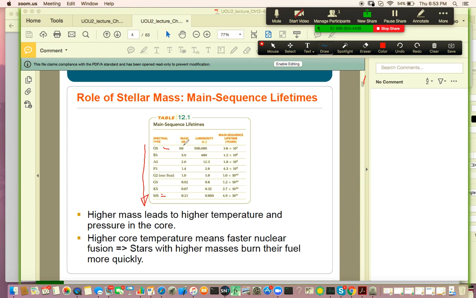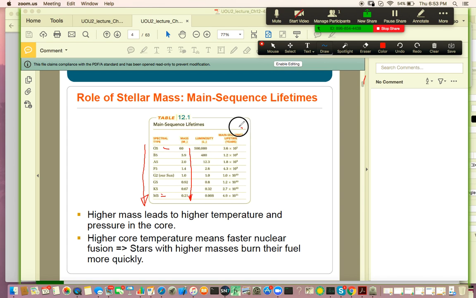So the mass of the stars also diminishes. These O stars are 60 times as massive as the sun and go all the way down to stars that are 20% as massive as the sun.